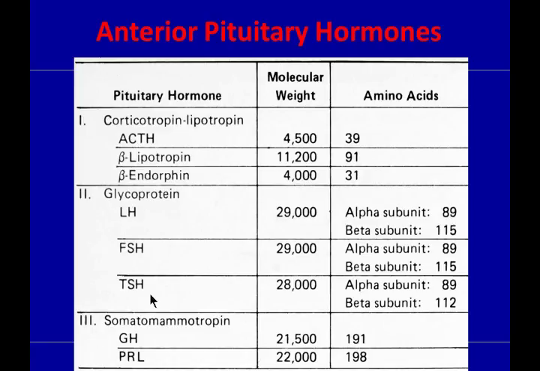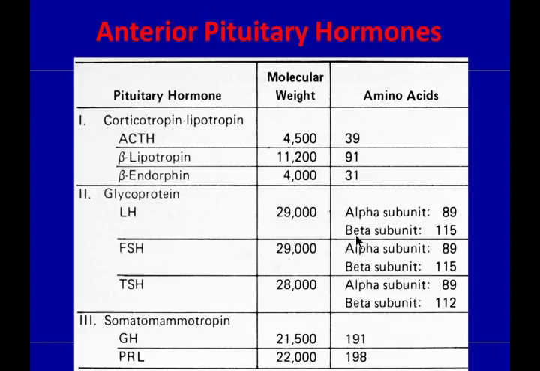There are 3 glycoprotein hormones, that is to say, proteins that contain carbohydrate. And that's LH, luteinizing hormone, FSH, and TSH. And these all share another hormone made by the placenta called human chorionic gonadotropin, HCG. All 4 of those hormones contain an alpha subunit which is identical between all of the 4 hormones, the 3 from the pituitary and the 1 from the placenta.